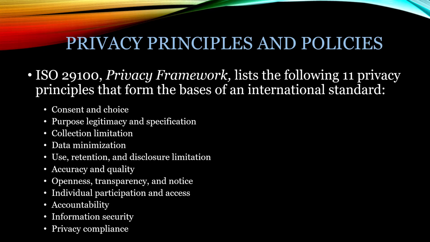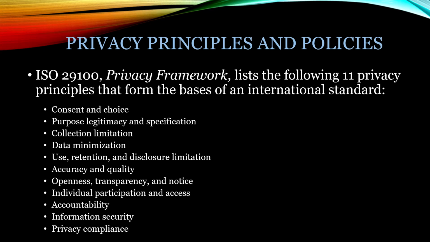Data minimization minimizes the processing of the PII. Use, retention, and disclosure limitations will limit the use, retention, and disclosure, as well as transfer of the PII, to what is necessary in order to fulfill the specific, explicit, and legitimate purposes.